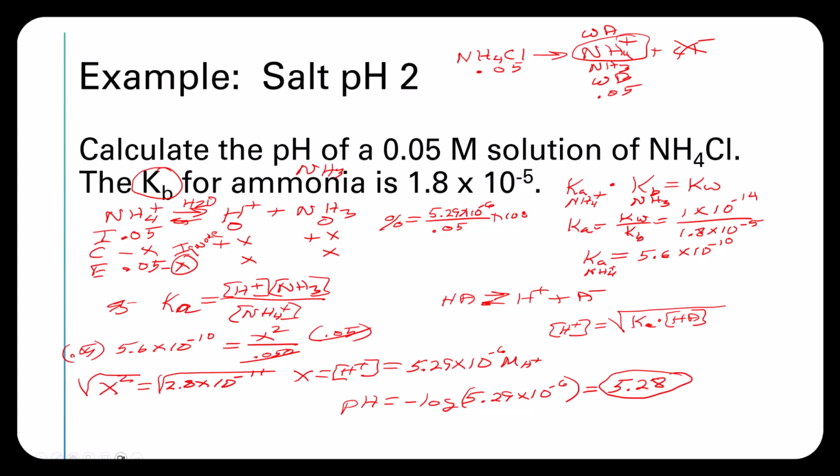So there we go, and I get 0.011%. So my percent ionization is very small at 0.011%.